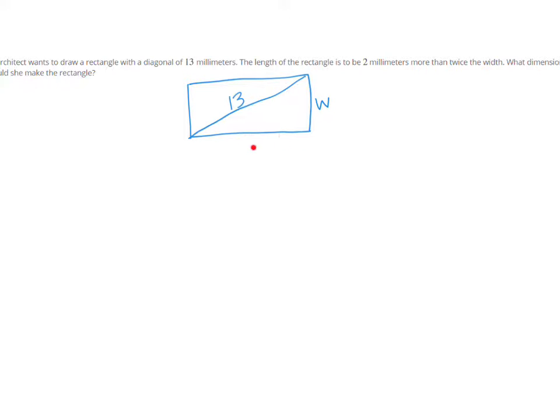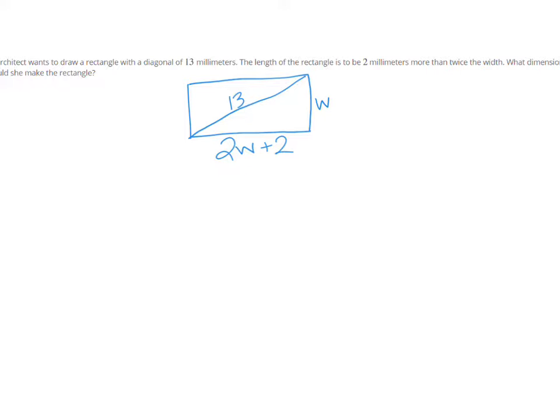So I'm going to write an expression right here for the length. I don't want to call it L because that would give me a second variable, and I don't want to do that. So I'm just going to write something in terms of this W. The length is 2 more than, that implies I have to add 2, more than twice the width. Well, twice the width would be 2W, but it's 2 more than that, so it would look like this.